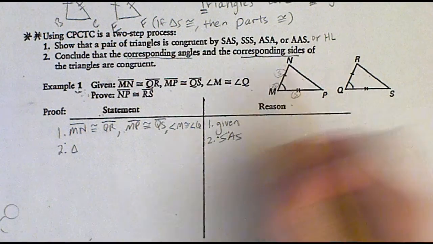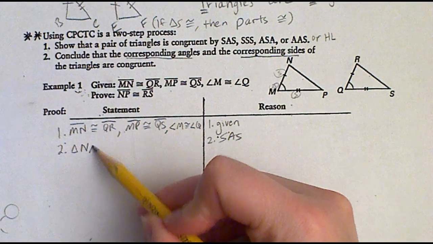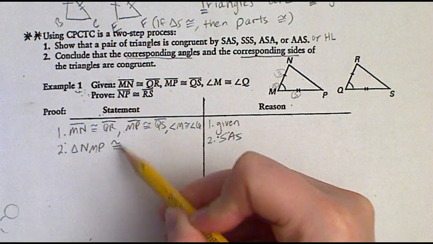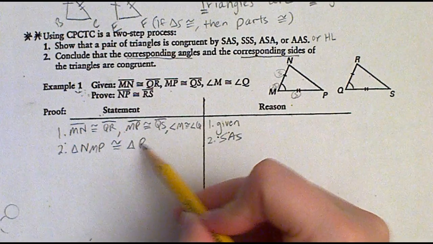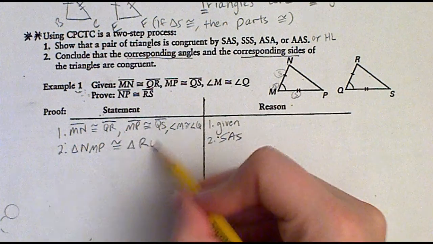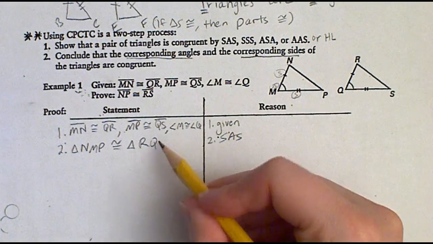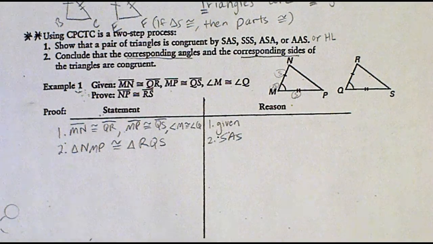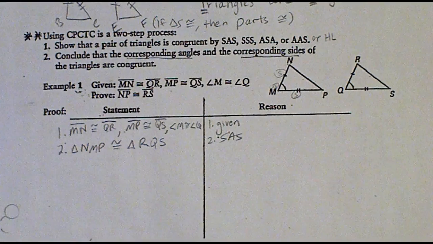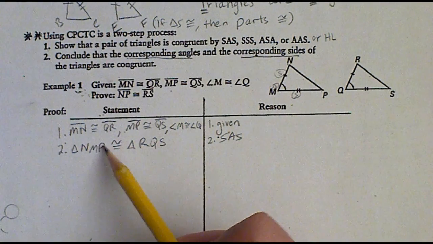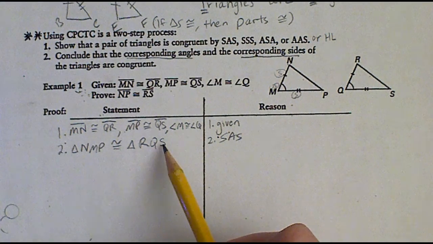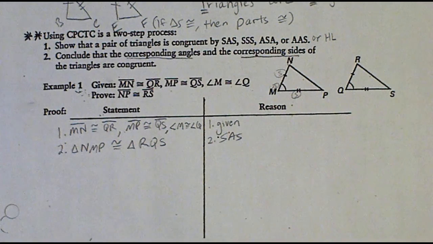I'm going to start with N. Triangle NMP is congruent to triangle: N matches up with R, M matches up with Q, and P matches up with S. Now remember that you don't need to have the exact same answer that I have right there. You could have started with P. PMN is congruent to SQR, as long as each of the parts is in the correct position to match up with the part that it's congruent with.